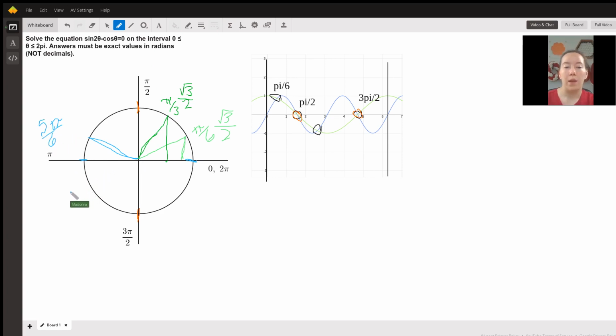And then that makes doubling that 5 pi over 3, which is, we have 3/3 here, and then 2 more thirds would get us to here. Another 30, 60, 90 triangle. And you can see that the x value for the cosine matches the y value for the sine. So our next answer is 5 pi over 6.